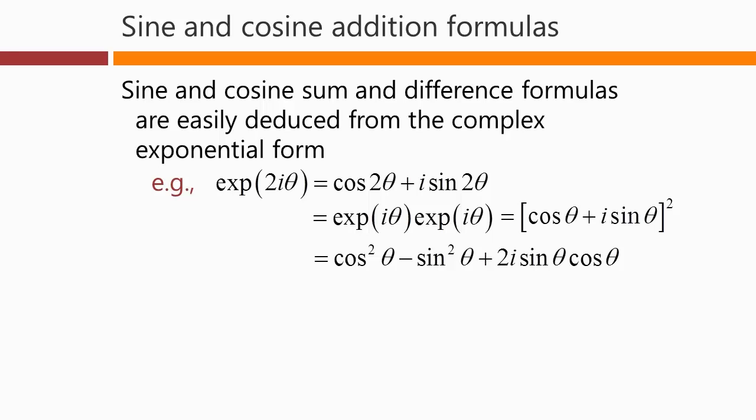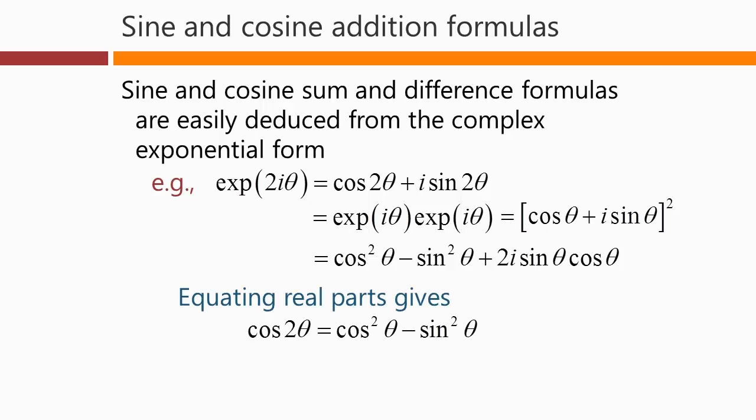Now, we can multiply this part out here. We get cos squared theta minus sine squared theta plus 2I sine theta cos theta when we multiply all of this out. So we can equate the real parts of both sides. We can equate the real parts of this to the real parts of that, which is also just cos 2 theta.